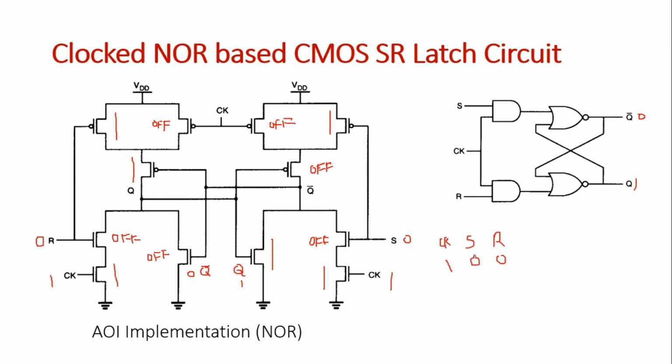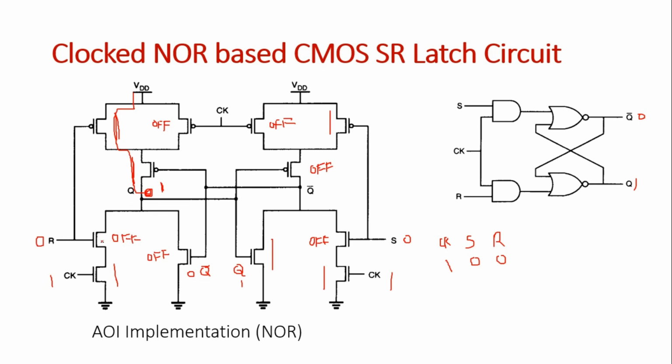So we know that for the input S and R, if both are 0, the output will remain unchanged. Now you can see that this is short circuited, this is short circuited. So the output will be from this path, here, here and here. So this particular point is at logic 1.